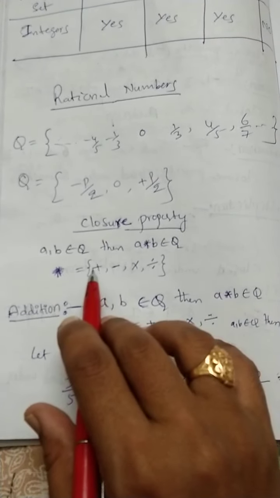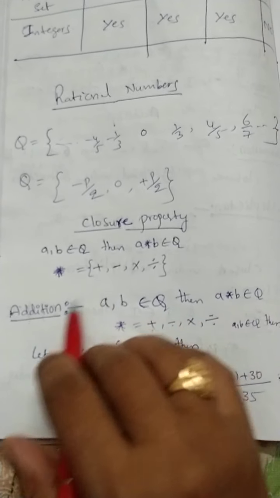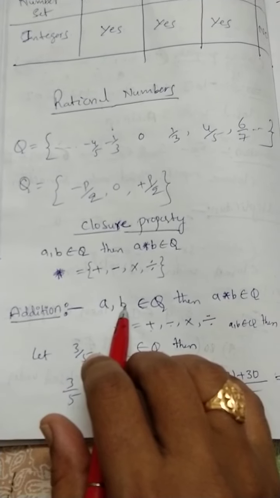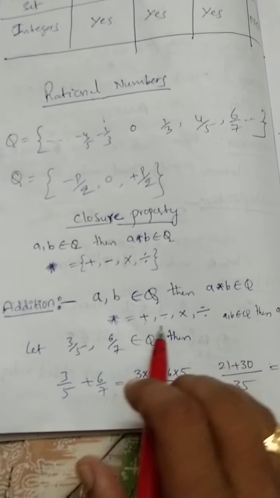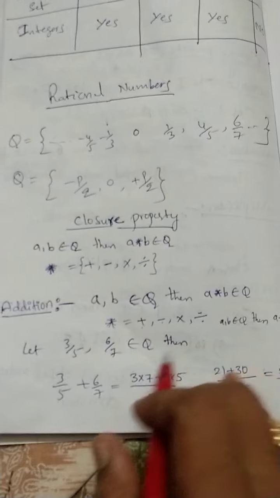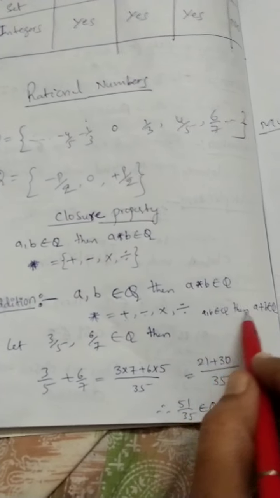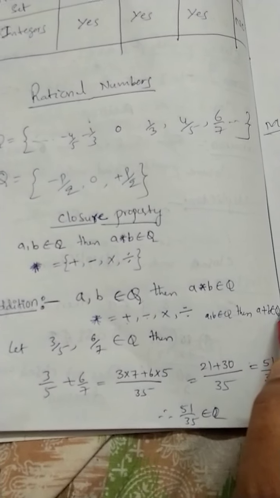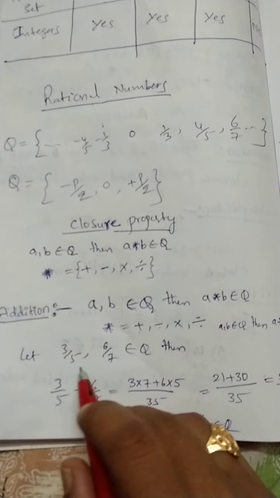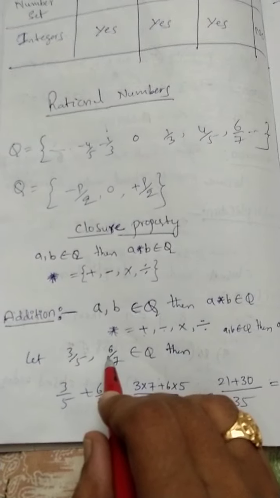Now I am talking about the plus, addition. If any two numbers are rational numbers, then a plus b is also a rational number. Here, a, b belongs to Q, then a plus b also belongs to Q. Now I am taking the values of a and b.